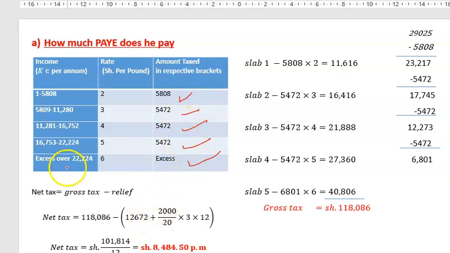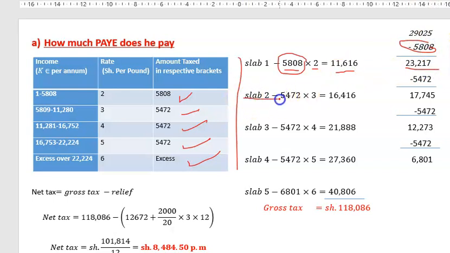And therefore, I'm going to break mine in terms of slabs, and realize that in the first slab we are taxing 5,808, and for each we are taking 2 shillings per dollar. And therefore, if we multiply this, we are getting 11,616. Once I've taxed this, I'll subtract that one from taxable income to see what is remaining.